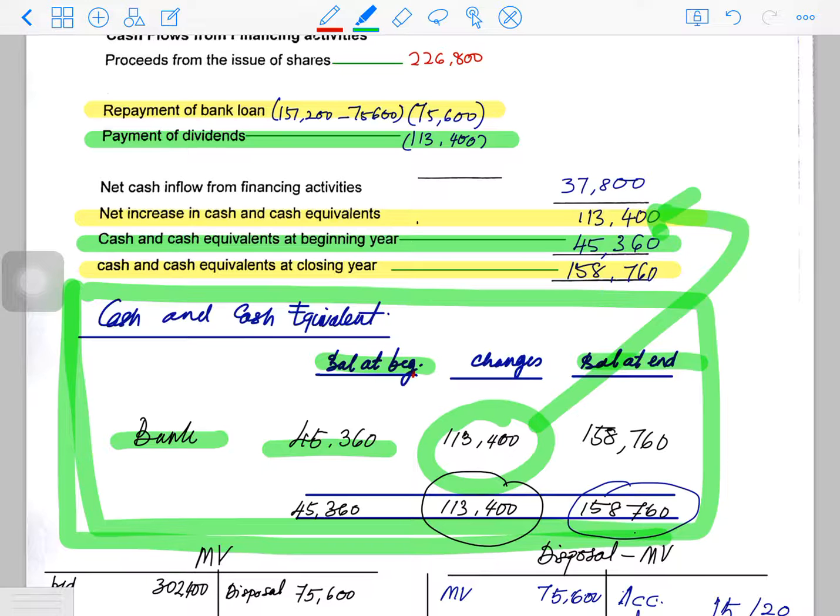So this acts as a checking balance, the amount that you should get here as the net increase or decrease in cash and cash equivalent. So you just calculate this amount for this.